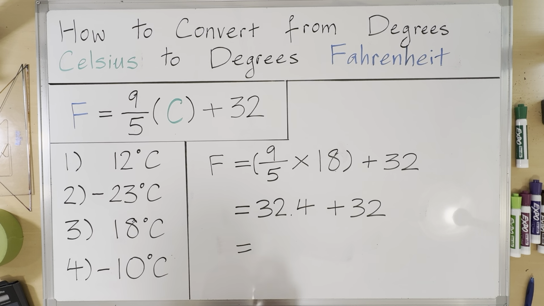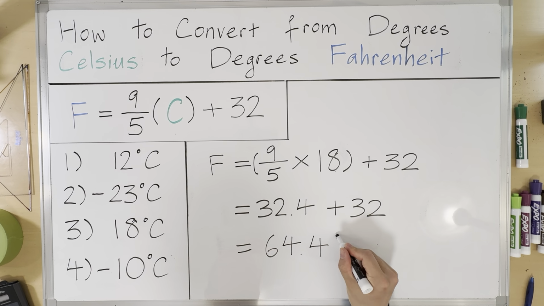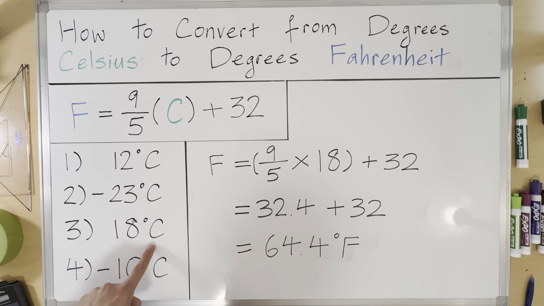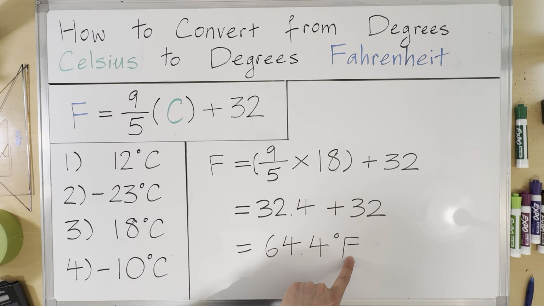And 32.4 plus 32 gives us 64.4 degrees Fahrenheit. And so therefore, 18 degrees Celsius is equal to 64.4 degrees Fahrenheit.